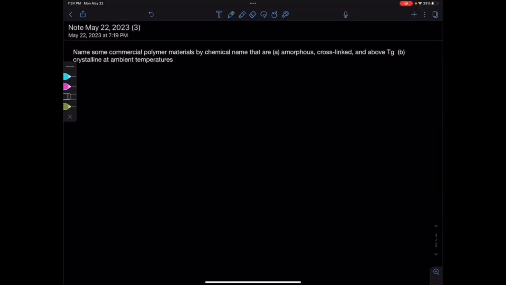Name some commercial polymer materials by chemical name that are A. Amorphous, cross-linked and above Tg. B. Crystalline at ambient temperatures. Amorphous, cross-linked and above Tg would be rubber band, which is known by the commercial name cross-linked poly(butadiene-styrene).